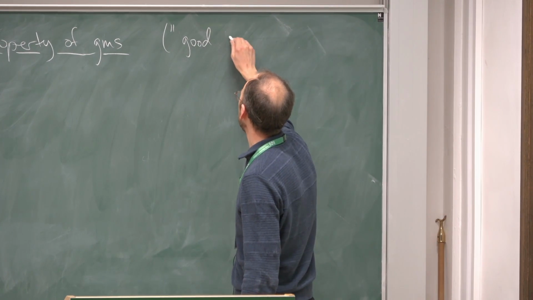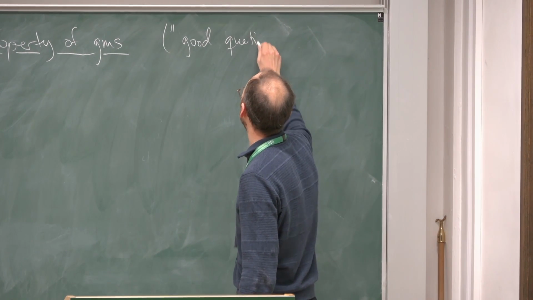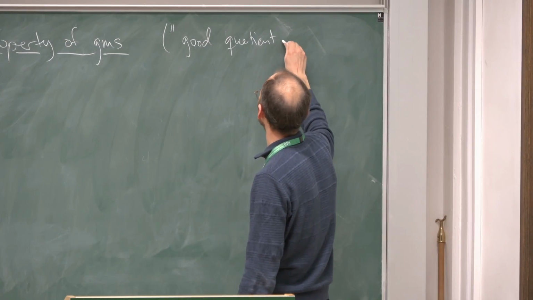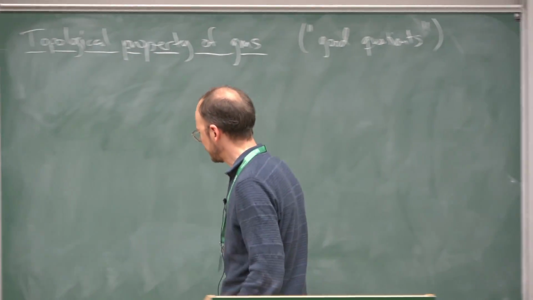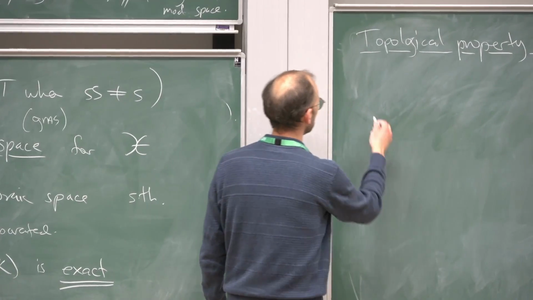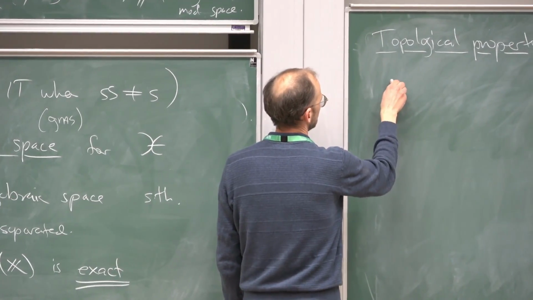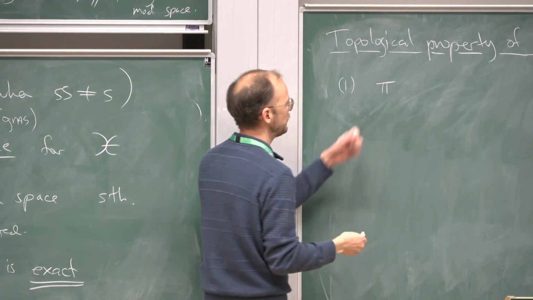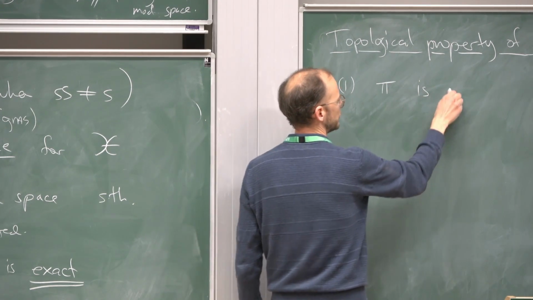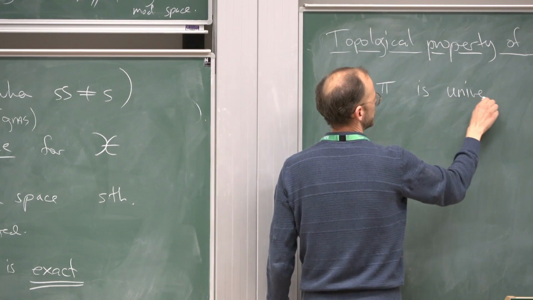What I will say here is that they are the analog of good quotients. Josh did not phrase it exactly this way, but the first part is that this map pi is closed, and it's even closed after base change, so it's universally closed.